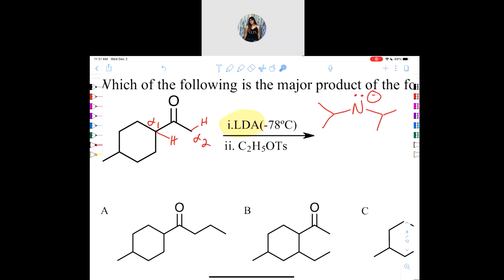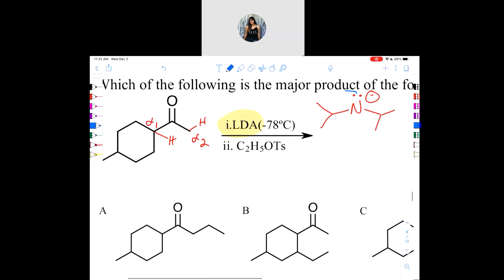But in this case, since we have such a big, bulky base, it has to go to the least sterically hindered side. So in this reaction, we're actually going to use these electrons to steal this hydrogen right here and give those electrons back to the carbon. So in the case of LDA as our base, that's pretty much going to be the only time where we are going to favor the less stable carbon, or the less stable alpha carbon, I should say.